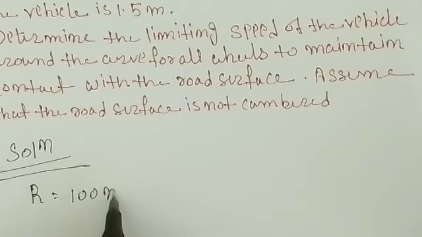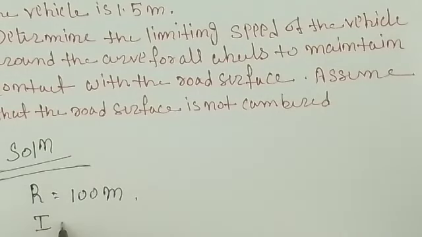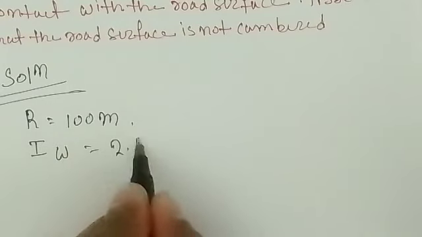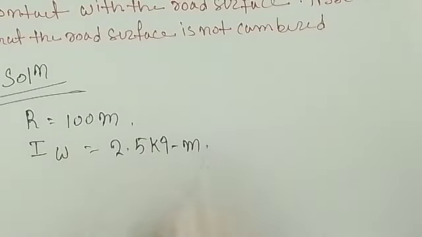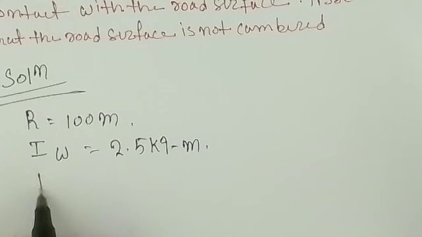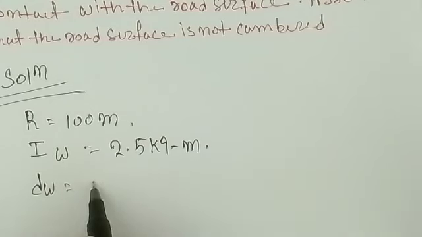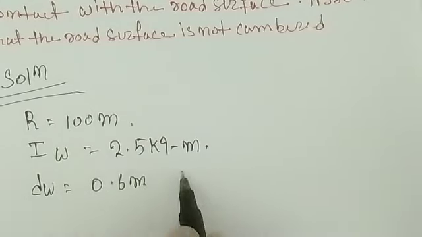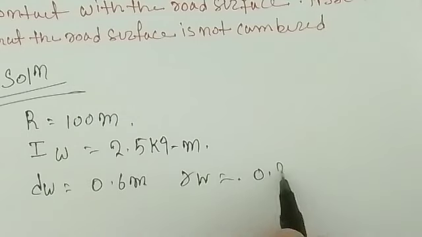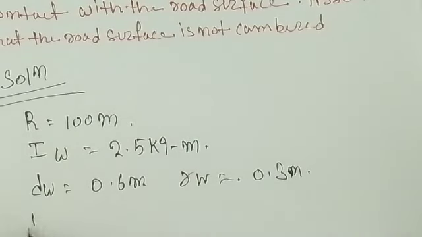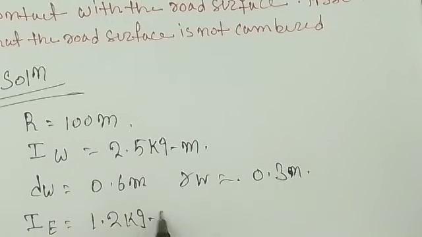whose radius is R equal to 100 meter. Each of the four road wheels has a mass moment of inertia, IW equal to 2.5 kilogram meter square, and the diameter of the wheel is DW equal to 0.6 meter, which means the radius of the wheel RW is 0.3 meter. The moment of inertia of the engine is given as 1.2 kilogram meter square.